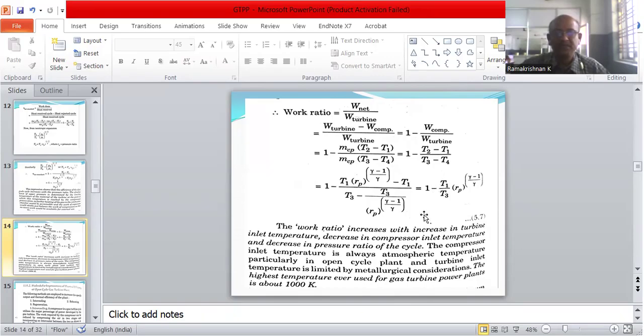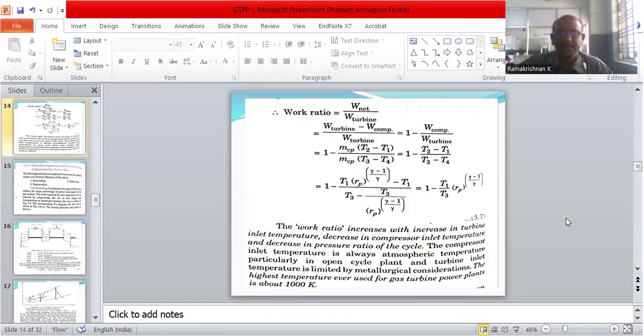By rearranging the formula, we get 1 minus (T1 by T3) into Rp to the power (gamma minus 1) divided by gamma. Here again, the work ratio increases with the turbine inlet temperature T3, and similarly increases with the compressor inlet temperature T1. Normally compressor inlet is at atmospheric condition. The highest temperature ever practiced in a gas turbine power plant is a maximum of 1000 degrees Kelvin.